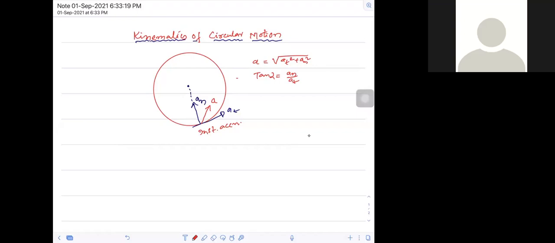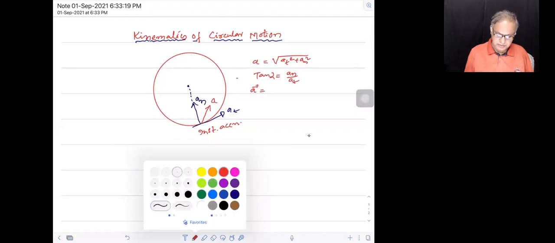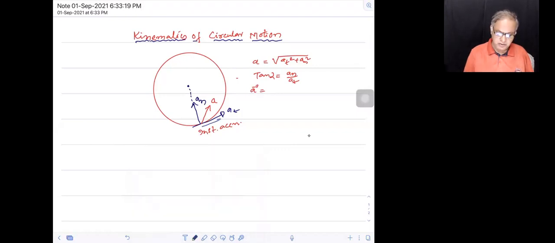And we could also write in terms of vectors A equals what? In terms of unit vectors defined in this direction, children. That is, we defined one unit vector called ET cap in this direction, ER cap in this direction. So in terms of the vector notation, we can write it as minus V square by R ER cap plus d mod V by dt ET cap.